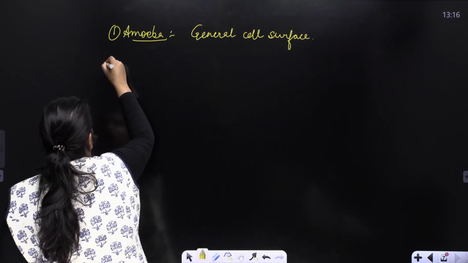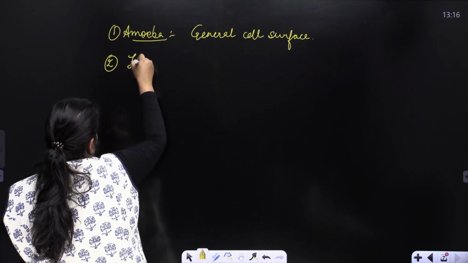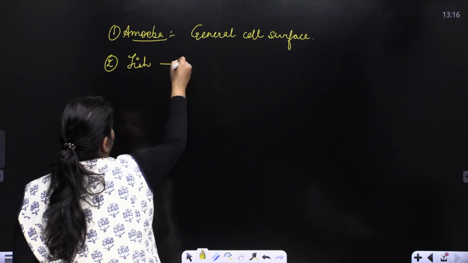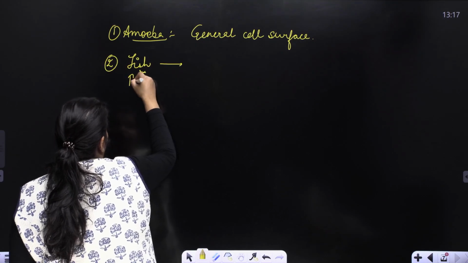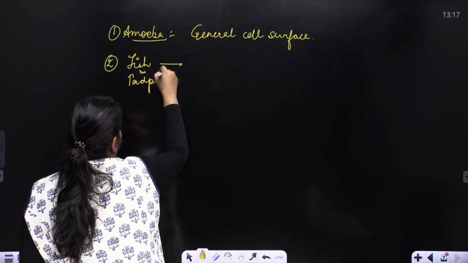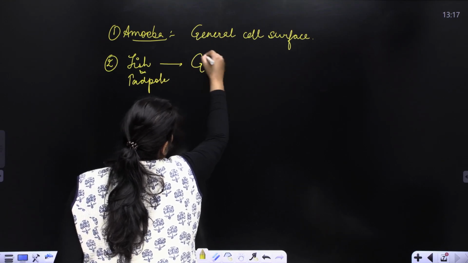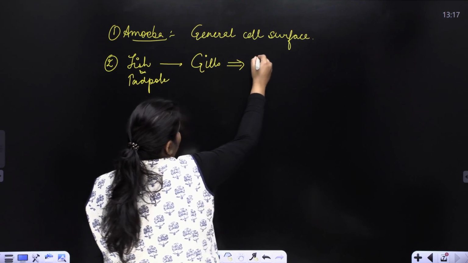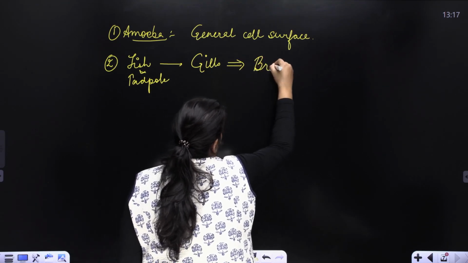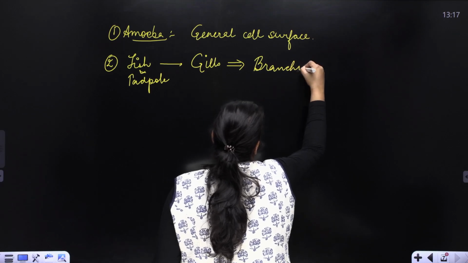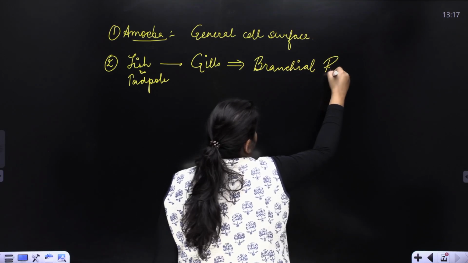When I talk about fish and tadpole, they breathe in through gills, and this process is known as branchial respiration.